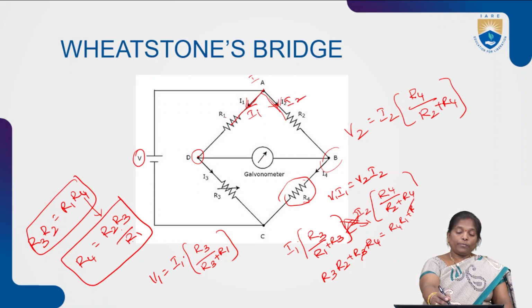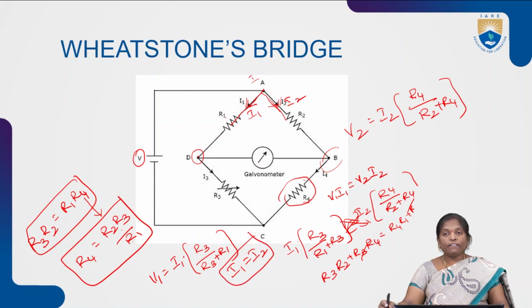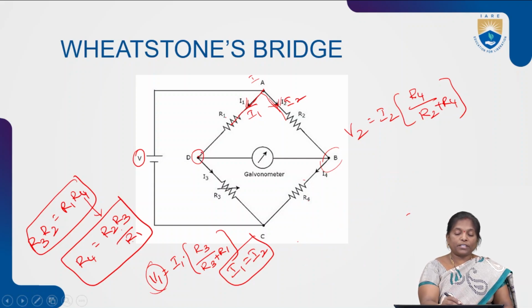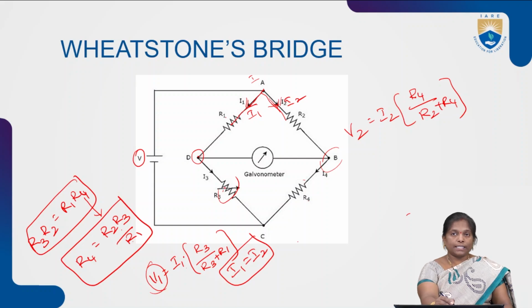So we know that from this condition I1 is equal to I2. When I1 is equal to I2, the voltage or the potential at the point D can be represented as V equal to I into R. So the potential at the point D can be represented as V1 equal to I1 into the opposite resistance by the sum of the resistances, that is R3 by R1 plus R3.